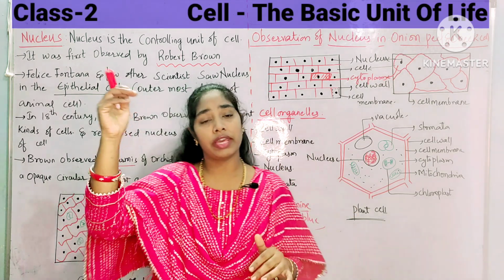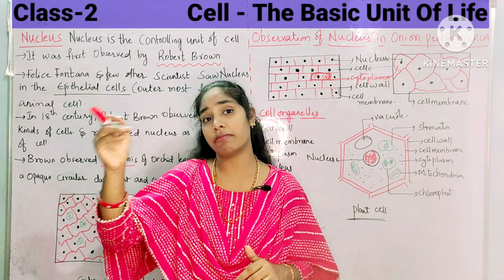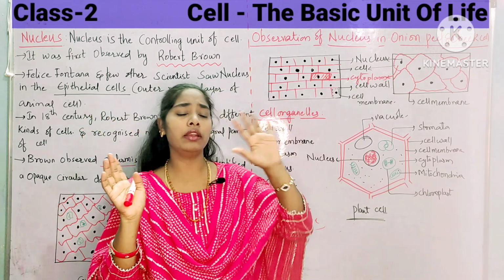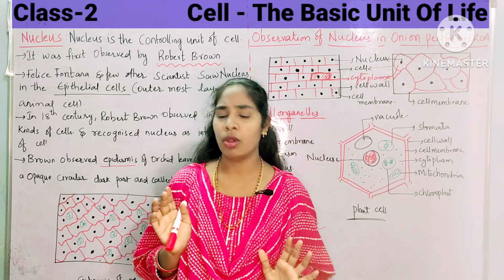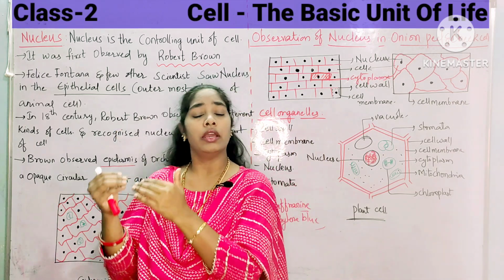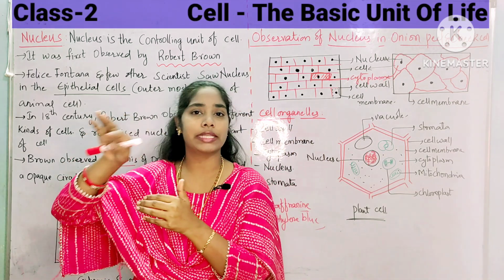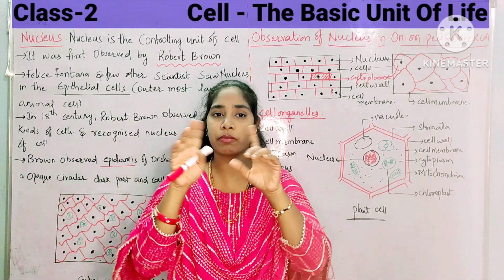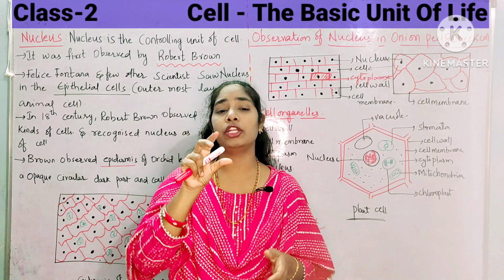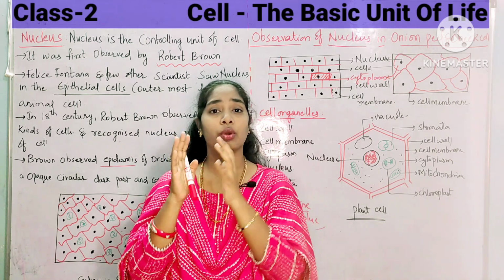Beneath the cell wall we see the cell membrane in the plant cell, whereas here we directly see only one membrane, the cell membrane. Next to the cell membrane there is a jelly-like substance called cytoplasm. It is seen in both plant and animal cells. Next to that we will see some cell organelles, and in the middle you will find the nucleus.